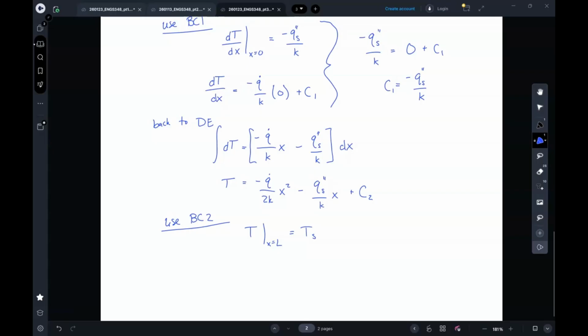Basically what you're going to do is take this guy and plug an L there, plug an L there. And what T must equal in that case is Ts. So you're going to find c2 such that when you have Ts here and L there and L there, it all works out and gives you c2.